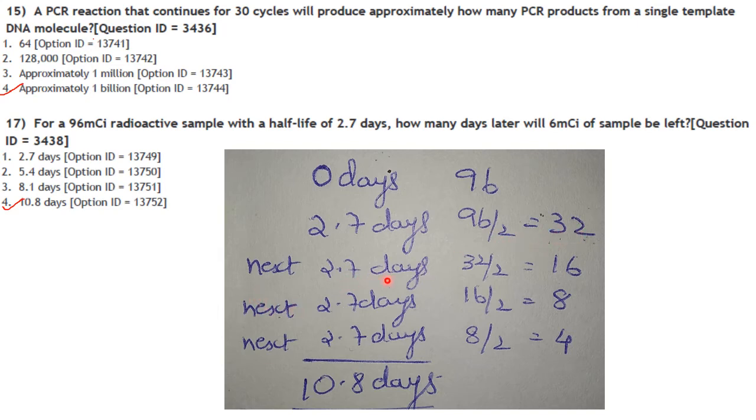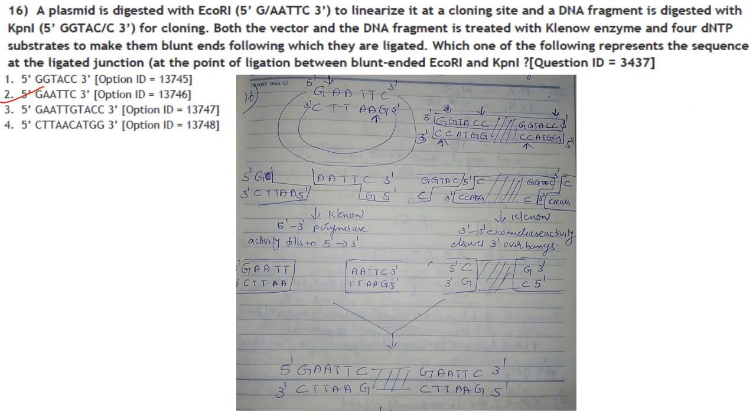Next 2.7 days it will become 16. Next 2.7 days it becomes 8, and next 2.7 days it becomes 4. So 4 is near to 6. So that will be after adding all the 4, and you get 10.8 days. So the answer here is option 4, 10.8 days.